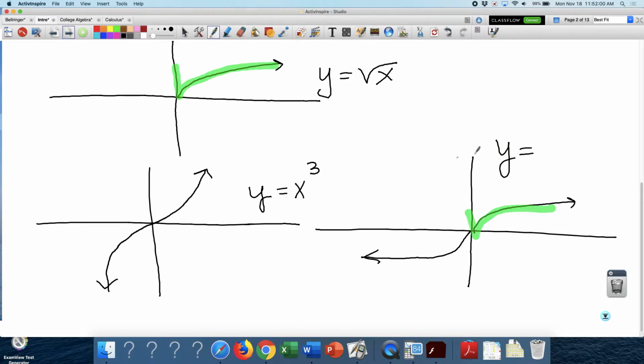It's actually this one, inversed. And that 3 better be small and up here. I will not accept anything else. A 3 times the square root of x is something that looks like this.